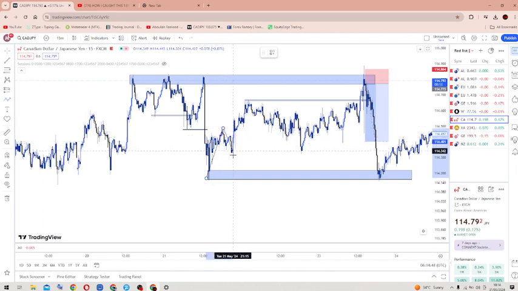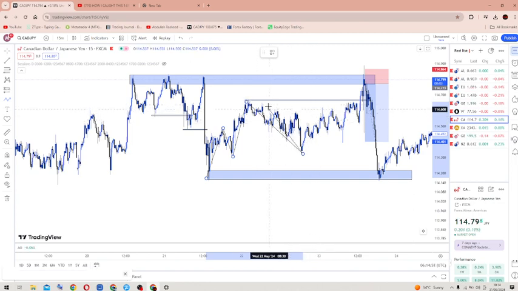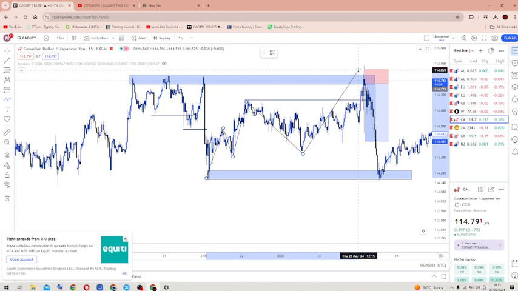A high, a low, a higher high, a higher low. Then here we had some market structure shift, which I want to consider because we are looking from a higher time frame perspective. Then we had a higher high, and then a higher low.